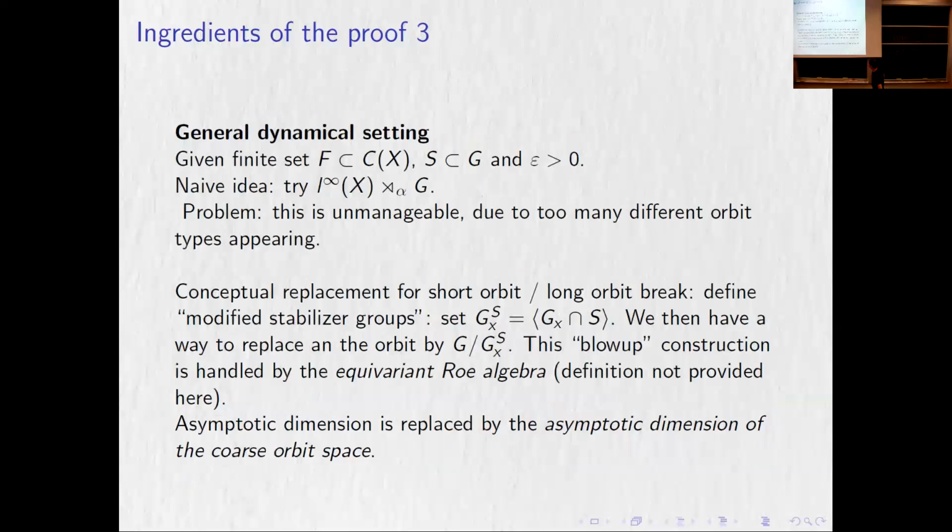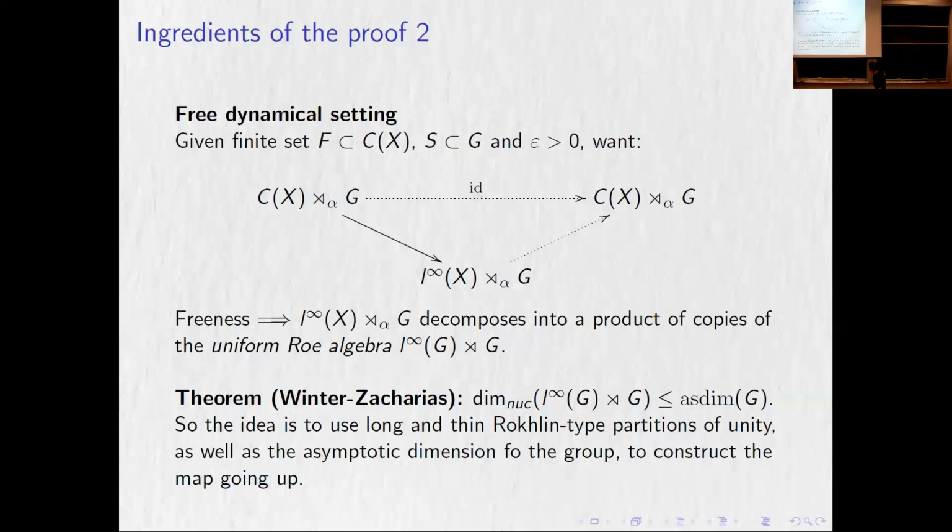So now we could say, well, okay, let's just do the same thing. Why do I care that the group acts freely? Because if it weren't free, then I wouldn't have copies of the same algebra here, right? What I would have is, for various points where the action is not free, it's going to look like G acting on l infinity of G modulo the stabilizer. Okay.